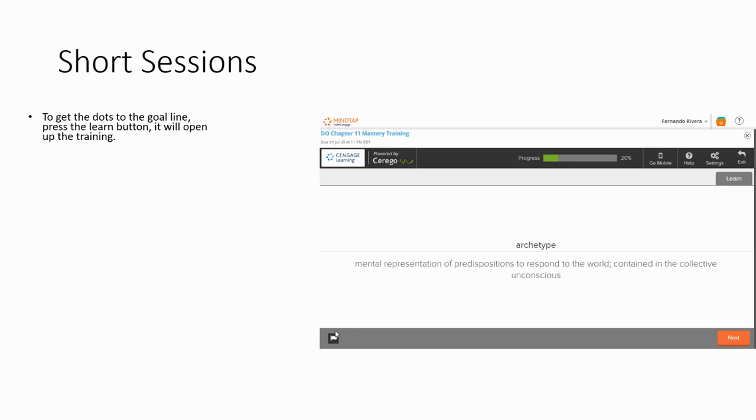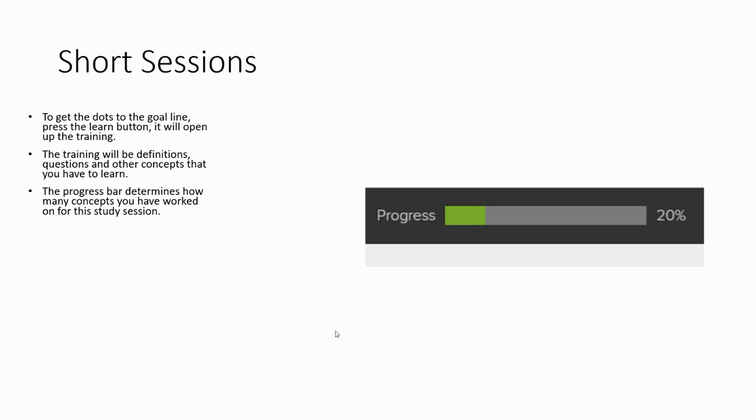The way the masteries work is that you're just going to keep on doing it until you basically get all the questions right. Towards the top, you'll see that there is this progress bar.